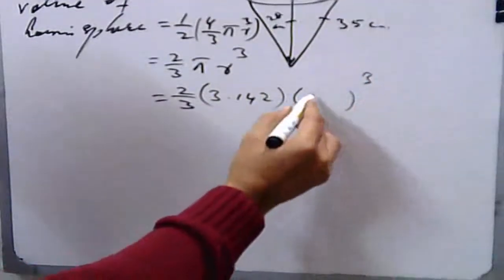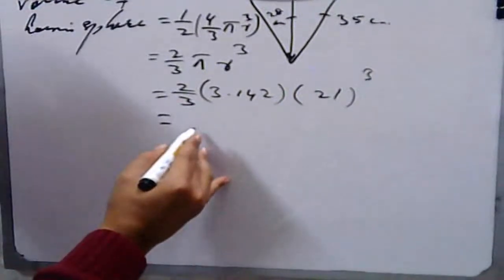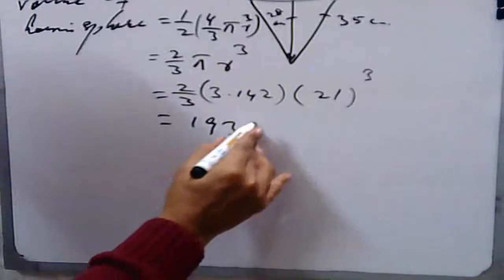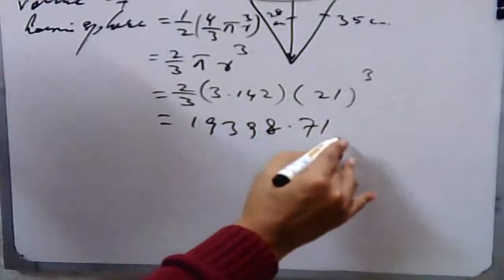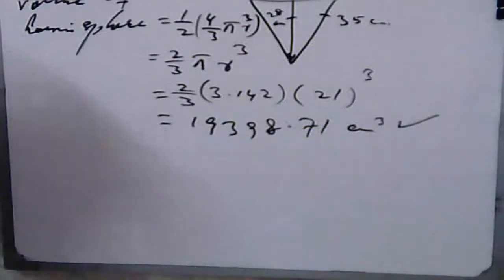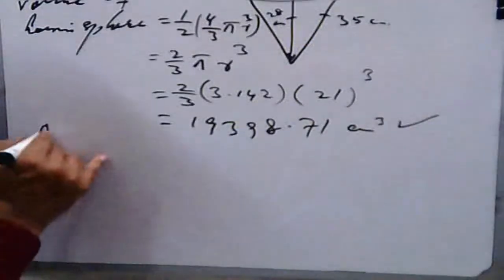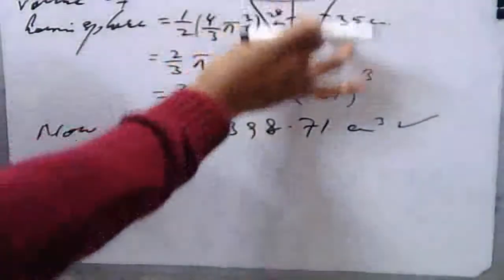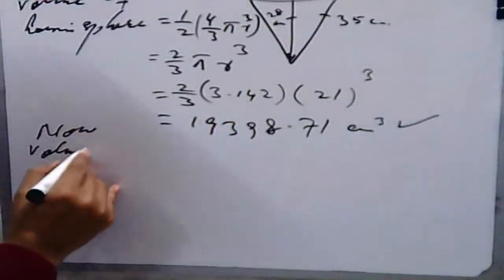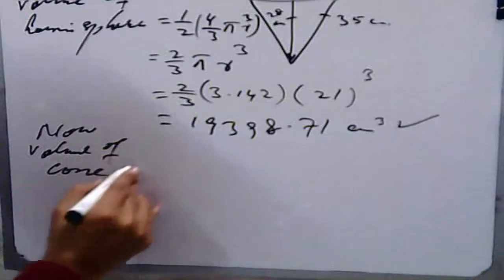Now volume of cone, second figure is one cone. So volume of cone is equal to 1 by 3 pi r square h. So putting the values, you will get the height is 28.